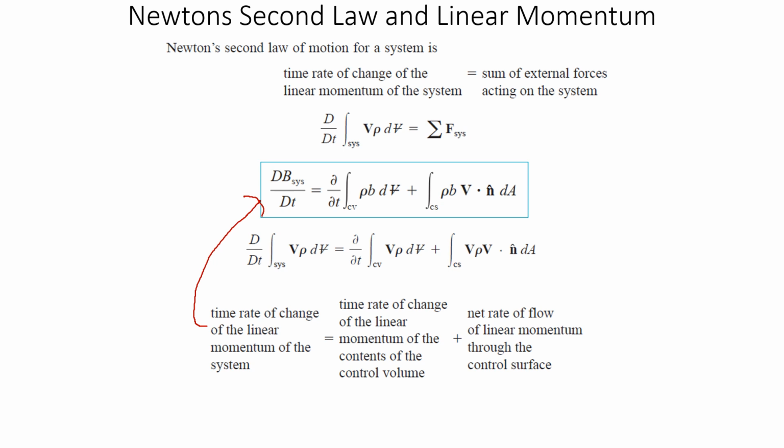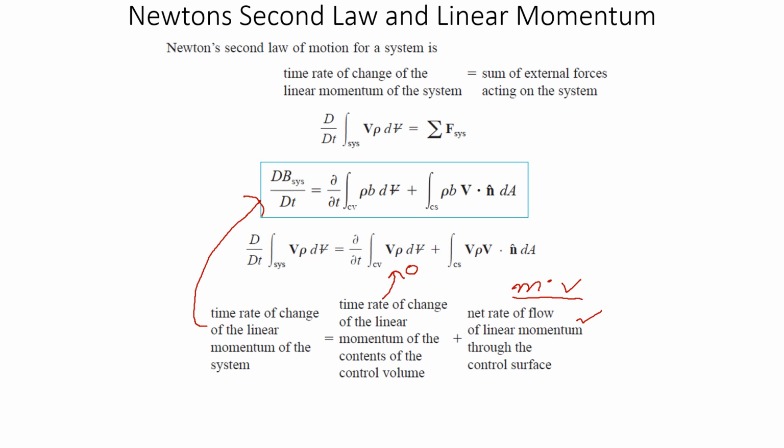But since we are going only for steady cases, that time rate of change will be equal to 0, plus the net rate of flow of linear momentum through the control surface, that is our fluid going in and out of the system. What is the momentum of that fluid going into and out of the system? That momentum will be in terms of mass flow rate and velocity.